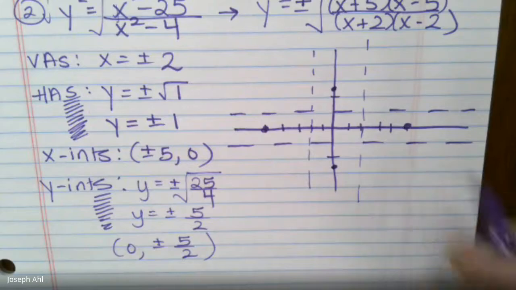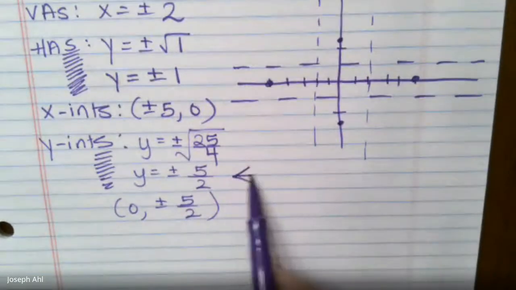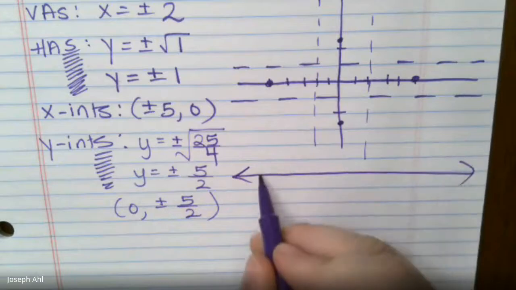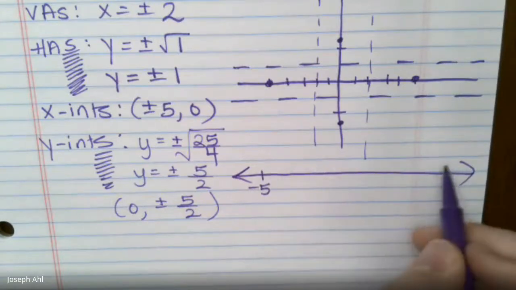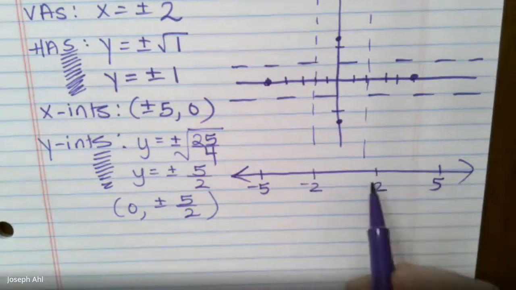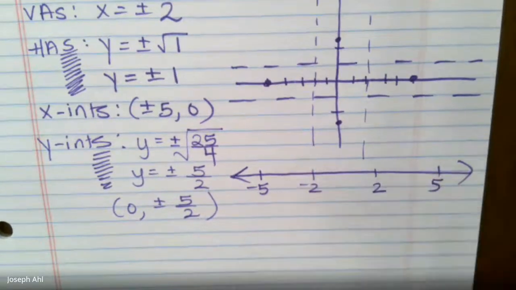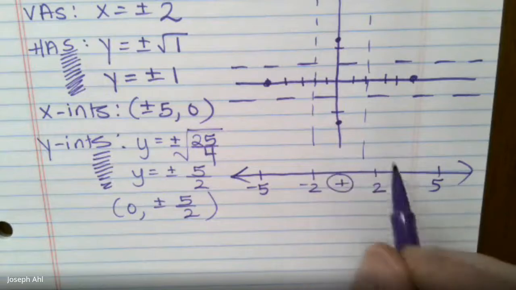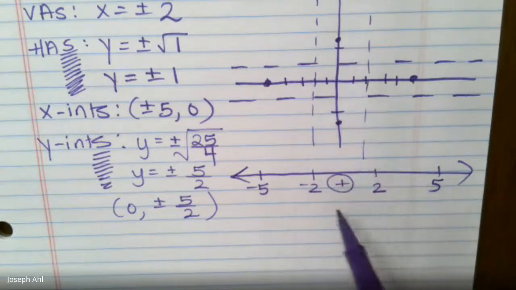So that would be here and here. When you do the partitioning, the critical points are the x-intercepts at -5 and +5, and the vertical asymptotes at -2 and +2. We already know in between the -2 and 2 that the graph's going to exist because we have these y-intercepts here. So we definitely know we're going to get a graph in between here.